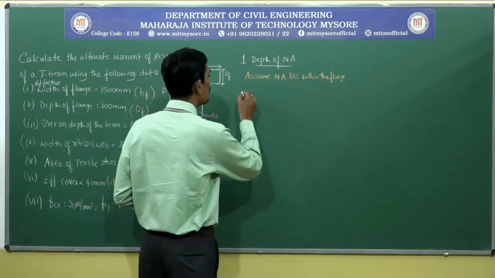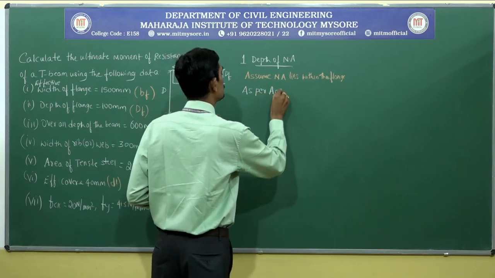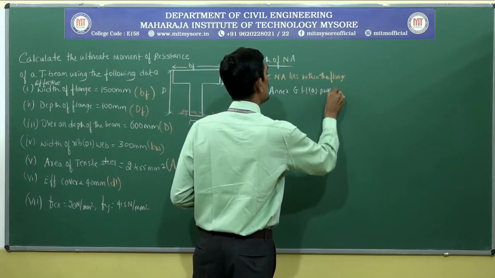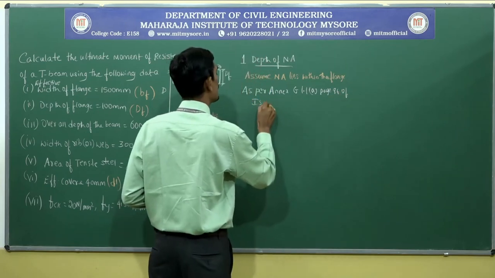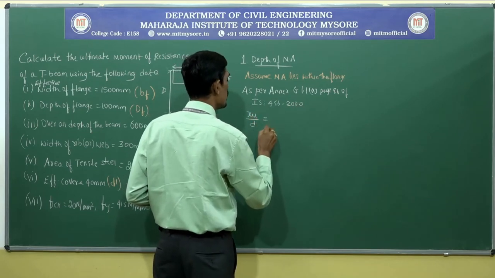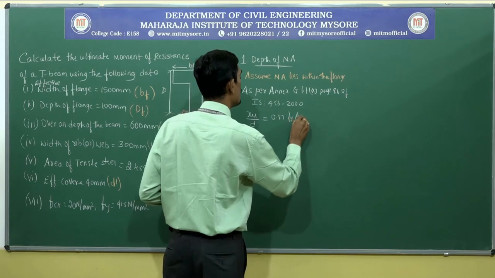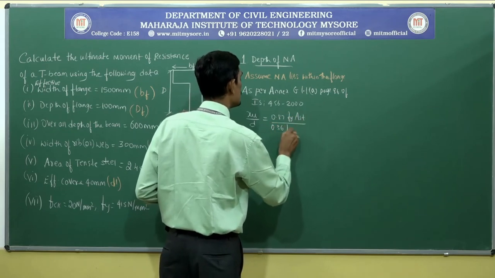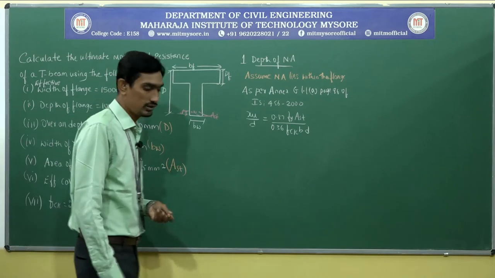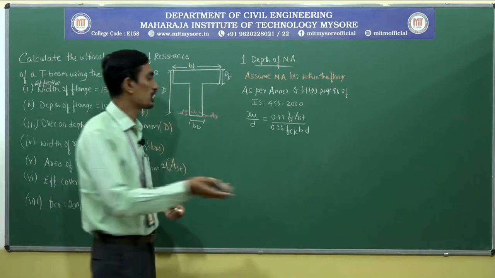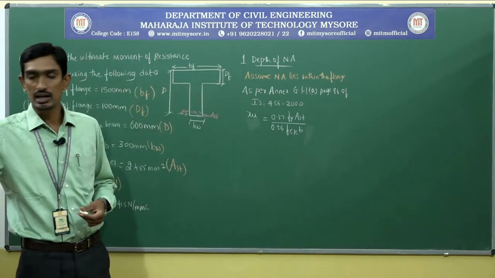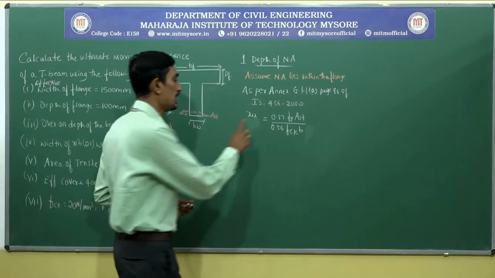For that, you know already, as per Annex G 1.1a, page 96 of IS 456:2000, XU by D is equal to 0.87 Fy into AST divided by 0.36 into FCK into B into D. Or else you can also write XU is equal to 0.87 Fy AST divided by 0.36 FCK B, because D and D have cancelled.